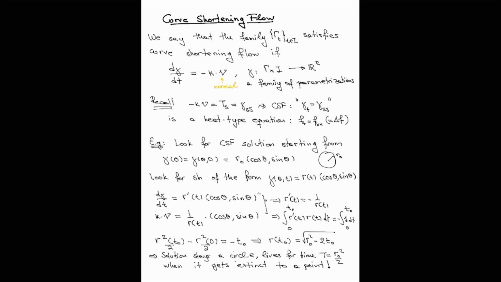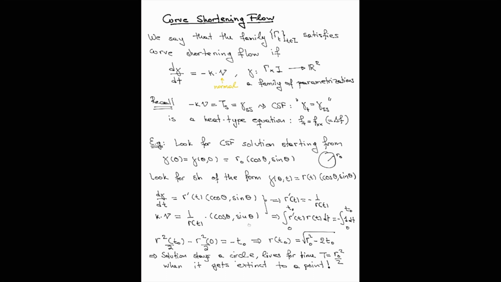So you go and plug this back into your equation. d gamma/dt changes only the radius, so you get r'(t) times (cosine theta, sine theta). And kappa times nu: kappa is 1 over the radius, and my normal is (cosine theta, sine theta).